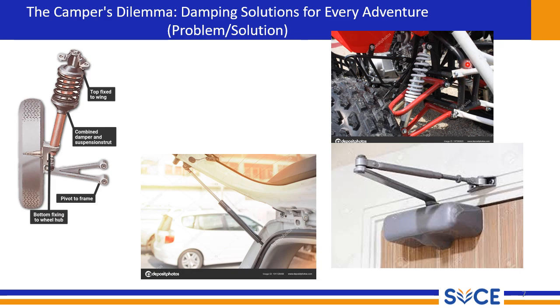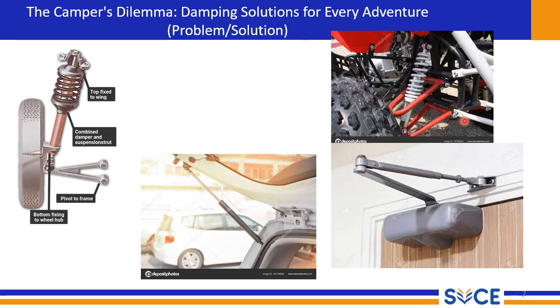Imagine tackling a rocky trail without proper suspension. Each bump would throw you around, making the ride exhausting and potentially dangerous. A high quality shock absorber like the one on this ATV is the solution. It soaks up the impact, providing a smooth and controlled ride, allowing you to focus on the scenery, not the struggle.